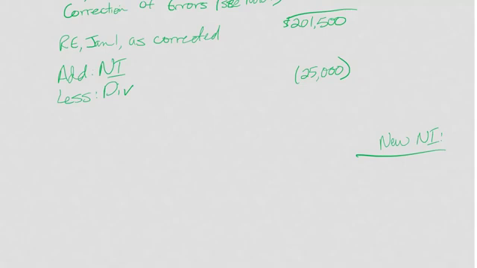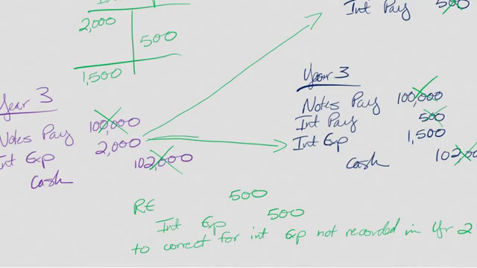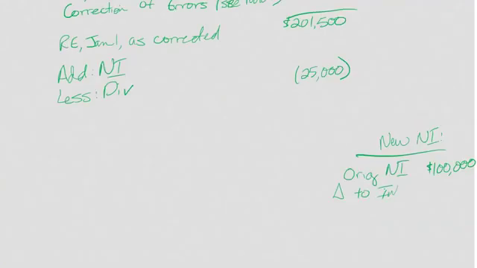Let's start here with my original net income. That's the 100,000 that we were told. And now let's take a look. For this initial entry, for the counterbalancing error, I would have credited interest expense by $500. So if I credit interest expense, it goes down, and net income goes up by $500. So let's put in positive 500.